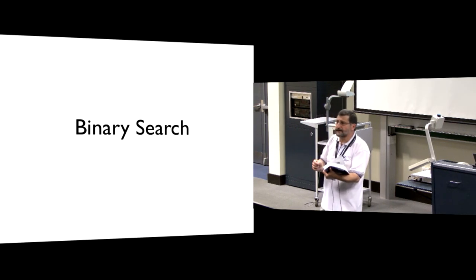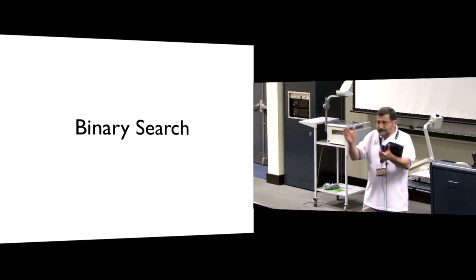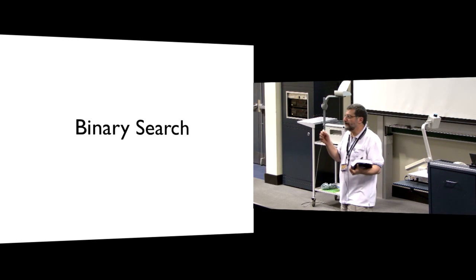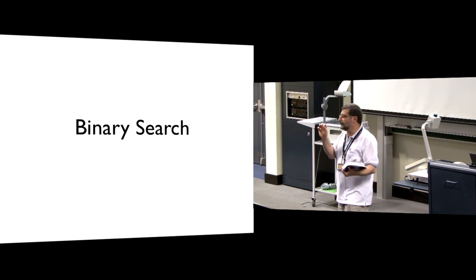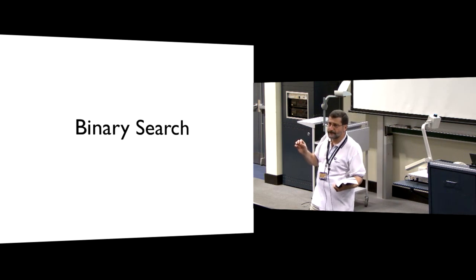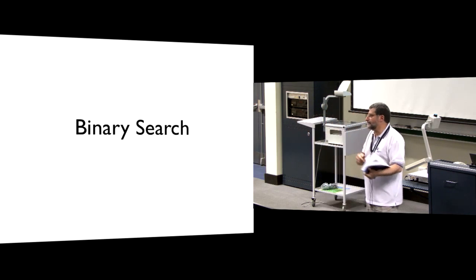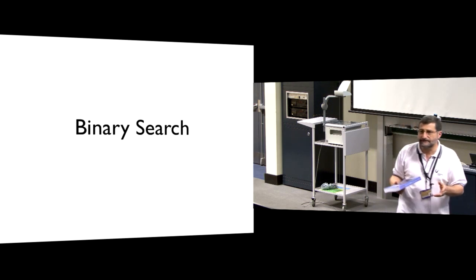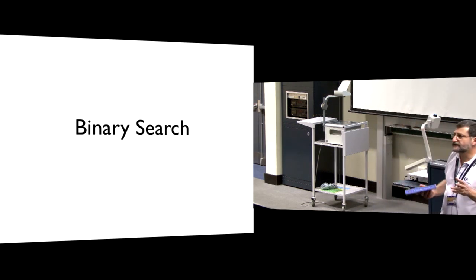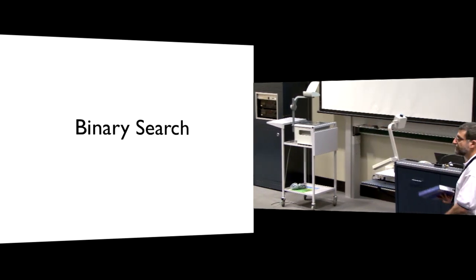But if it's there, then by successively dividing it into halves, we narrow in very quickly, so much, much faster than a linear search, on the element we're looking for, right? So that's called a binary search because we're binarizing, if you like, the array every time. And it's a pretty fast way of doing a search.